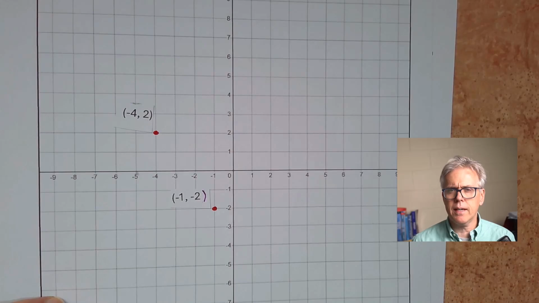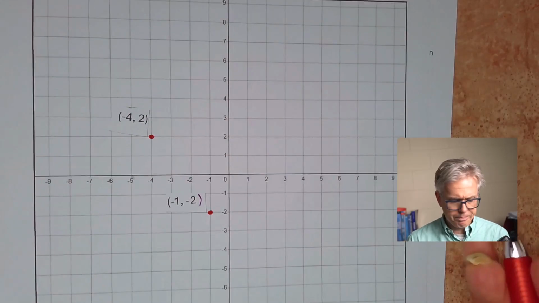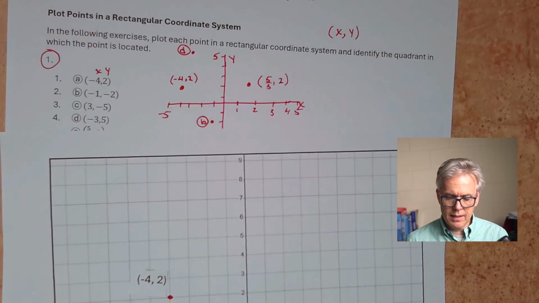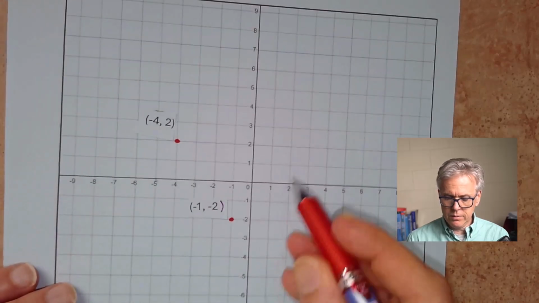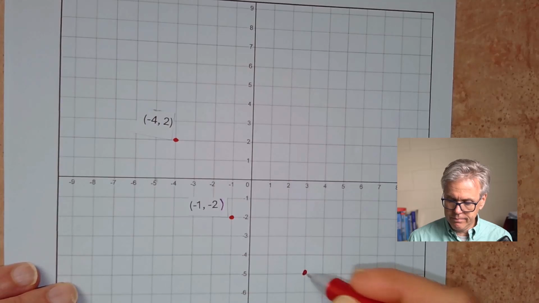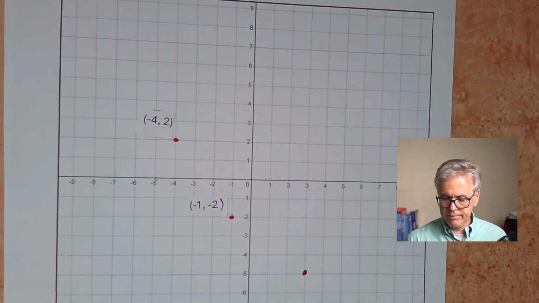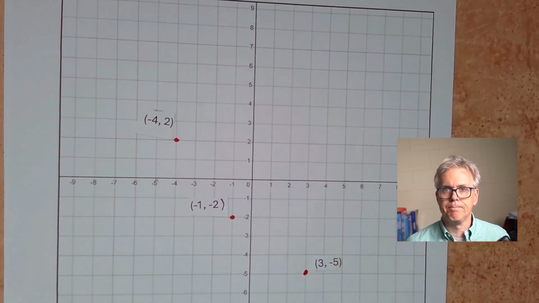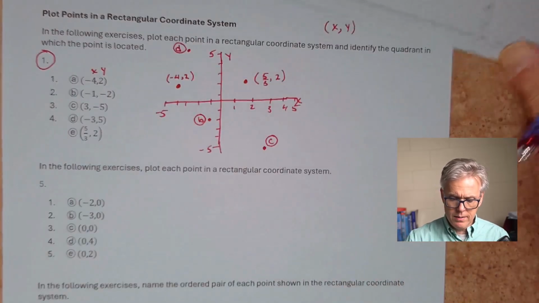So a little bit easier if you're given the grid already. And maybe I'll do one more. Let's see, 3, -5. So over 3 and then down 5. So that's 3, -5. All right, so that was number 1.